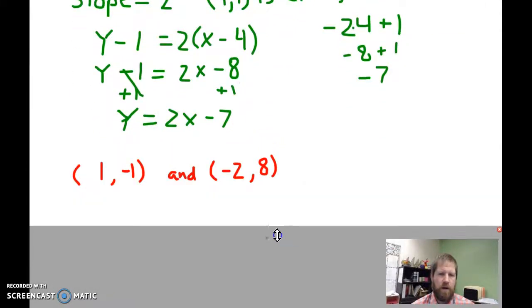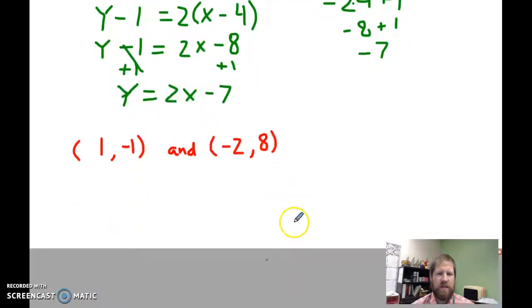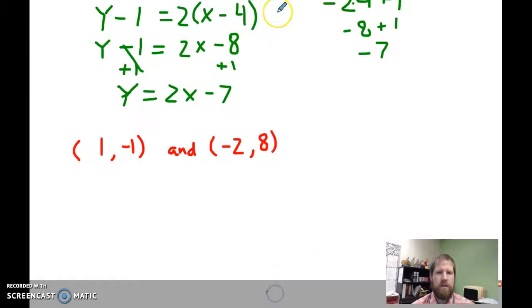For this one, we're given 2 points, but we're not given the slope. So the first thing we have to do is find the slope, which is the slope formula, y2 minus y1 over x2 minus x1. Choose your point.